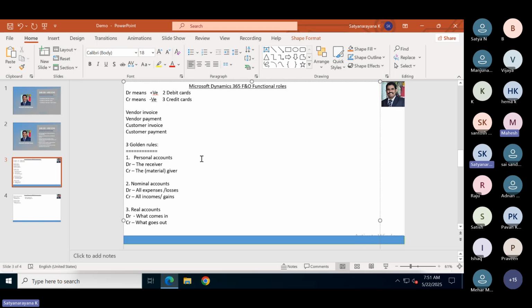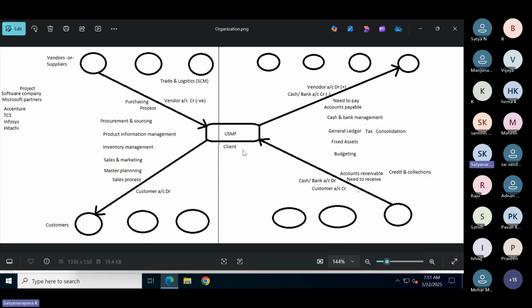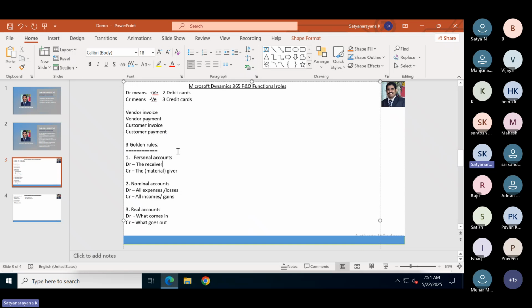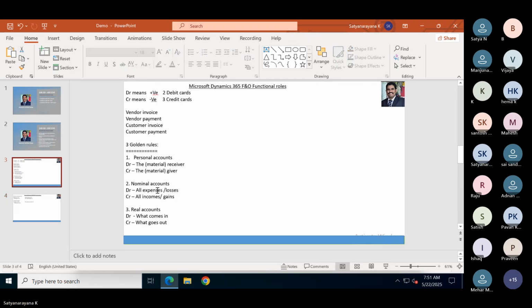Who is receiving from your company? Customer. So the material receiver, I'm adding for understanding purposes, the material receiver is debit. You only told me the receiver.